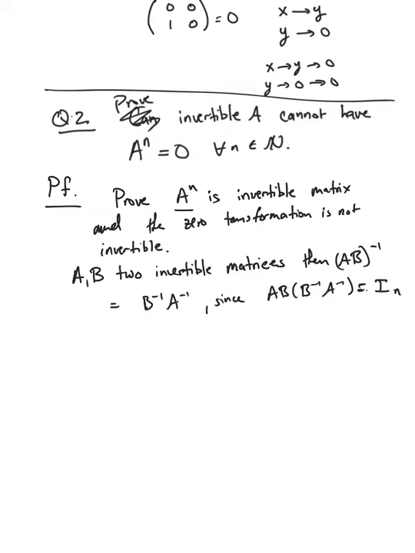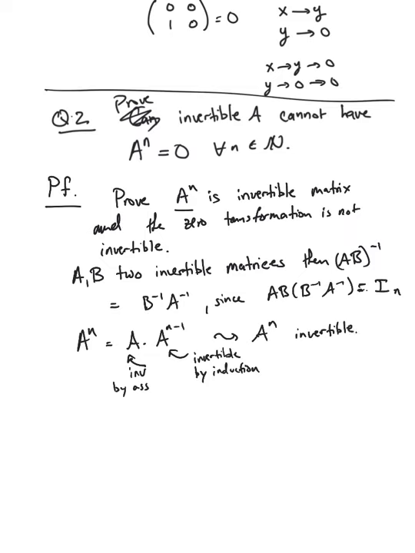And therefore, by induction, we write A^n to be A times A^(n-1). This is going to be invertible by induction, and this one is invertible by assumption. So we get that A to the n is invertible.